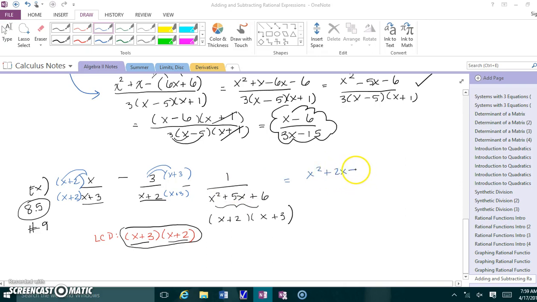I'm going to distribute the negative as I go. Minus 3x minus 9, and then there's that minus 1 all over x plus 2, x plus 3. Then you'll combine like terms, and you'll factor your numerator and see if anything cancels in the denominator. So same process, just 3 fractions.